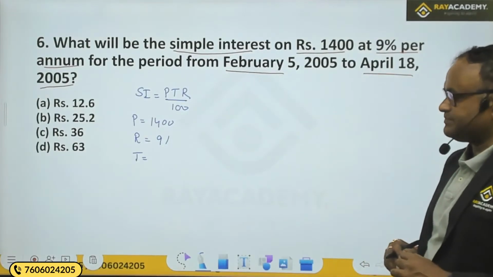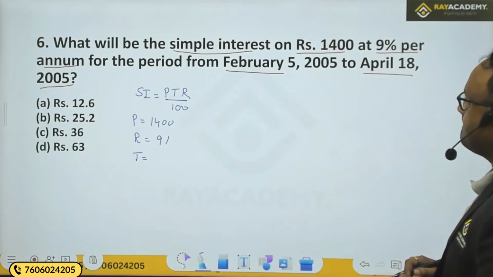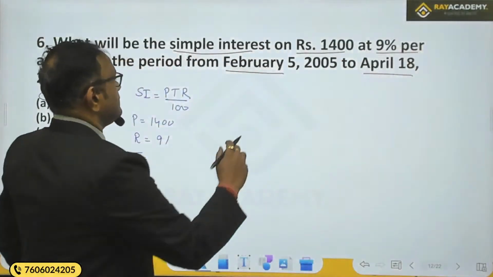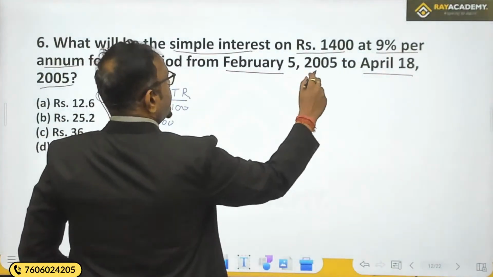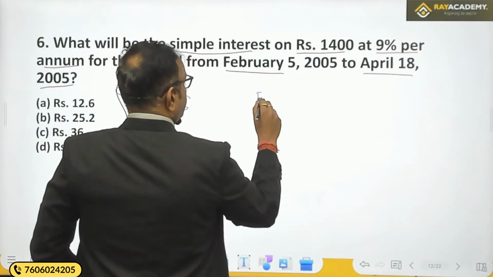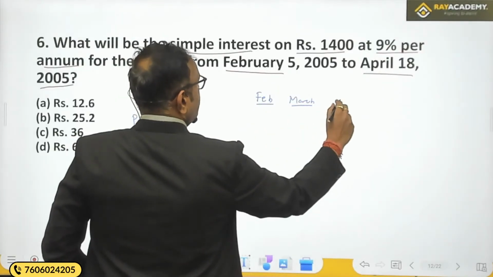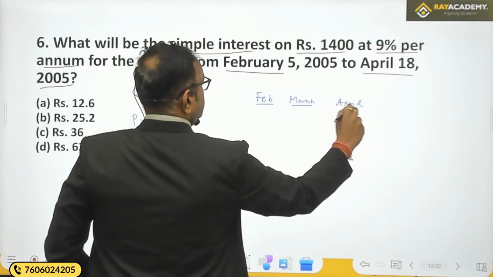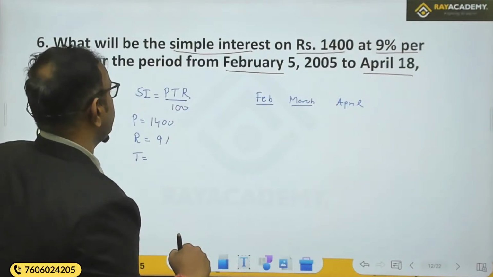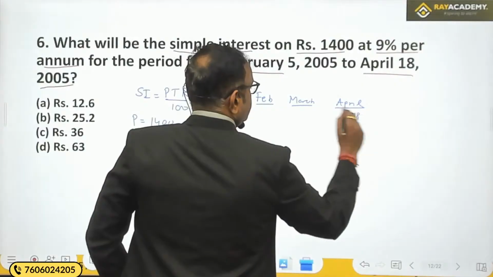Suppose we will see how many days first. February 5, 2005 to April 18. Write down February, March and April. In April we have 1 to 18.